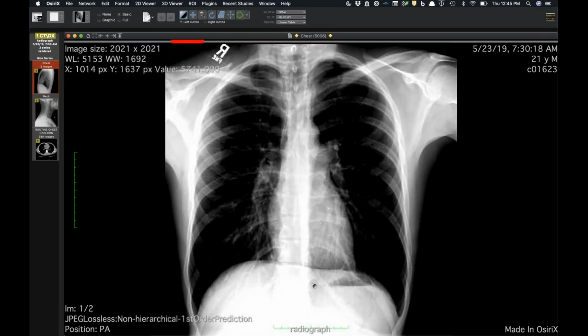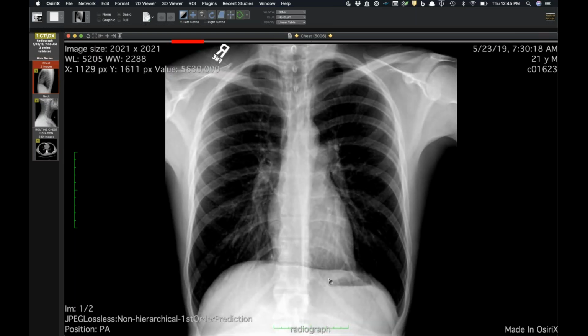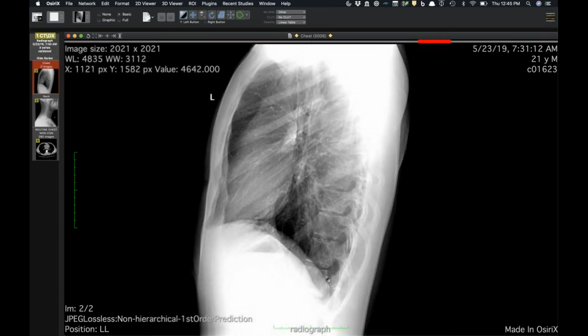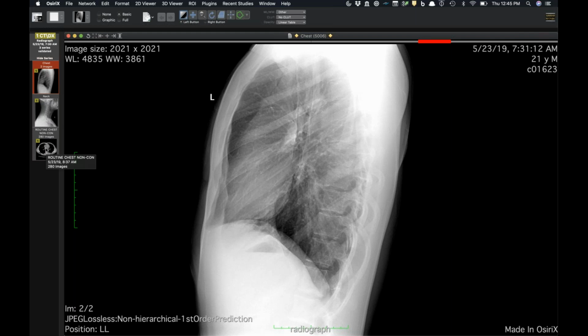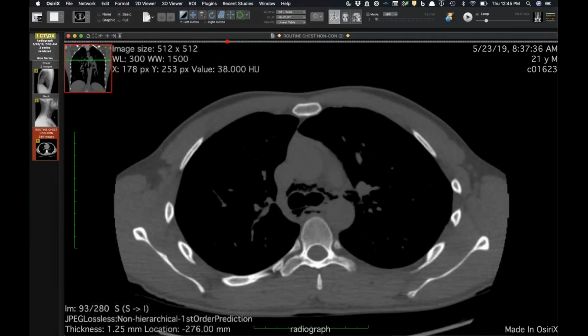But I thought this was a good example of a continuous diaphragm sign too, which we occasionally see with the air along the inferior margin of the heart. And the lateral's not all that great, but you can see a little bit of it sneaking up around the heart here. And of course, you can see the anterior trachea. You can see the ascending aorta with air around it as well. Air around the left pulmonary artery too.